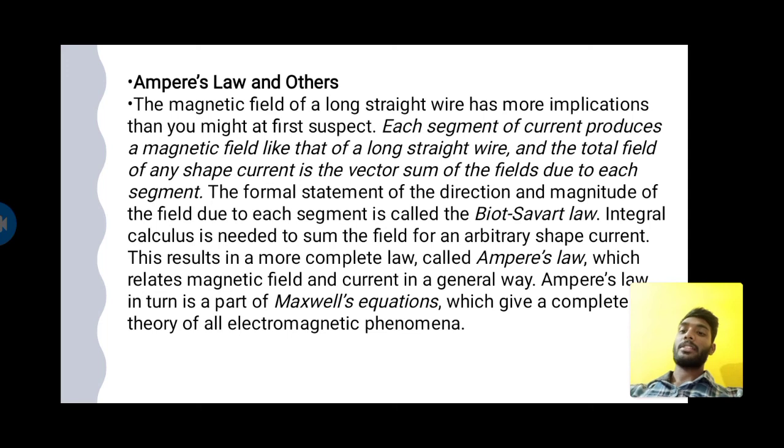Integral calculus is needed to sum the field for an arbitrary shape current. This results in the more complete law called Ampere's law, which relates magnetic field and current in a general way. Ampere's law is part of Maxwell's equations, which give a complete theory of all electromagnetic phenomena.